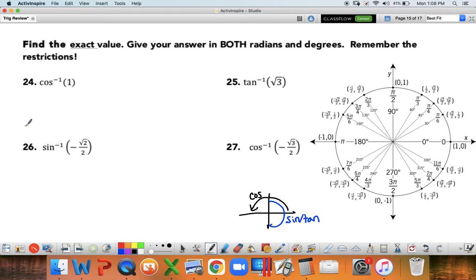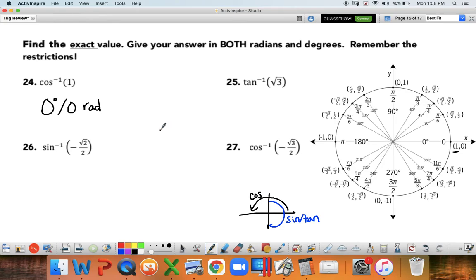We want the angle that has a cosine value of 1. Well, we want a cosine value of 1, so we want the x-coordinate to be 1. There it is. So the answer is just 0 degrees or 0 radians, because it asks you to give both answer choices.